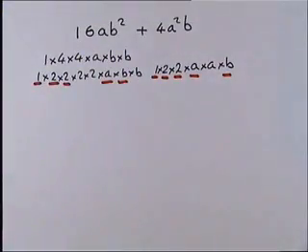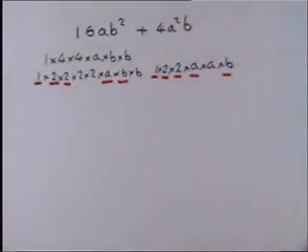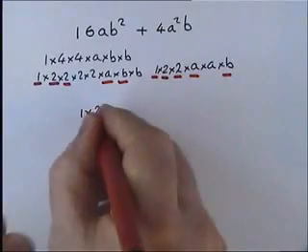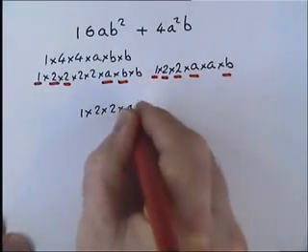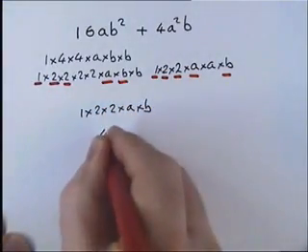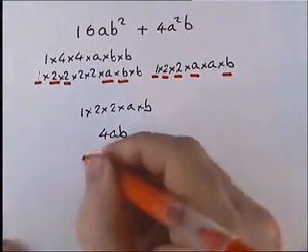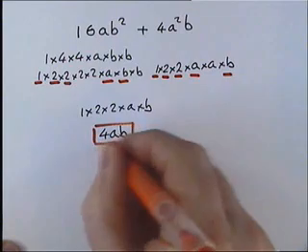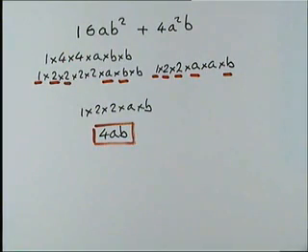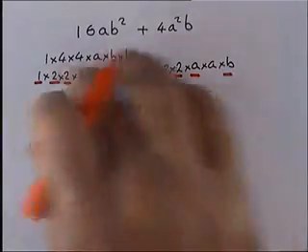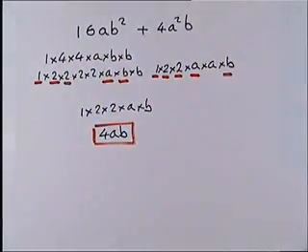So the highest common factor is going to be 1 times by 2 times by 2 times by a times by b, or 4ab. Now quite a few of you might have gone straight to that and said, yep, it's 4ab, and if you can do that, fantastic. There's nothing wrong with going directly there, and you do not need to show these workings. I know we always say show your workings, but this step here you do not need to do in an exam unless you're struggling to find the highest common factor.